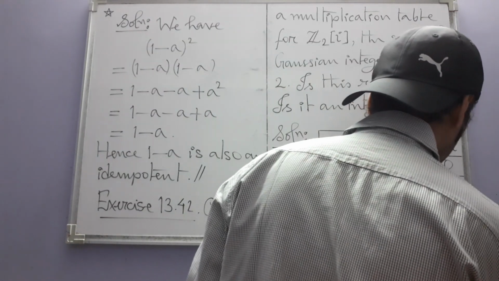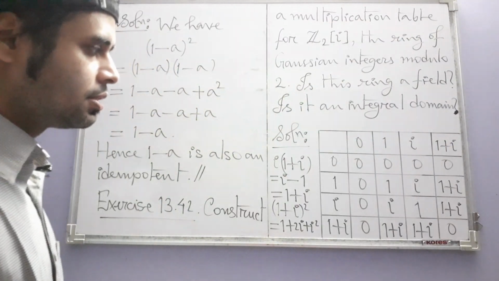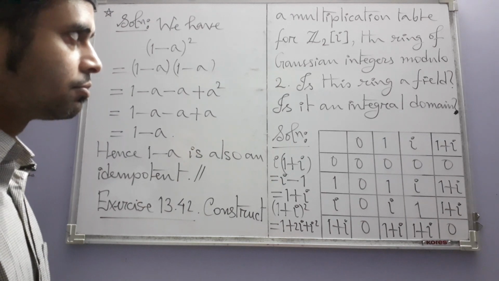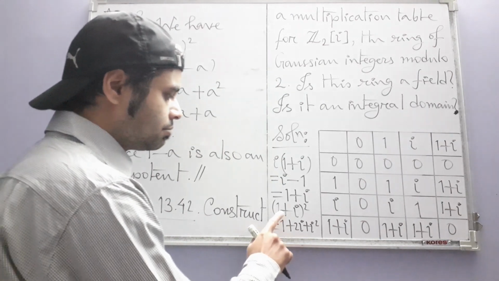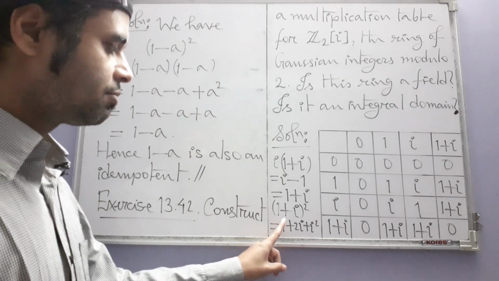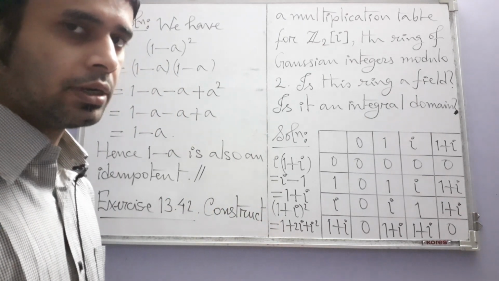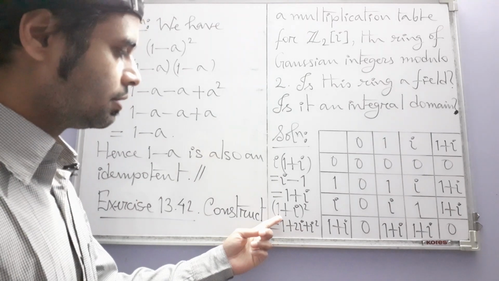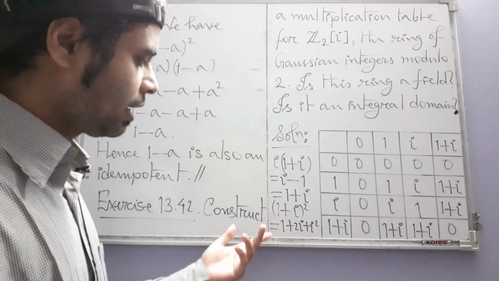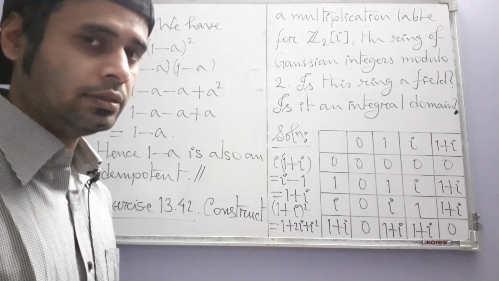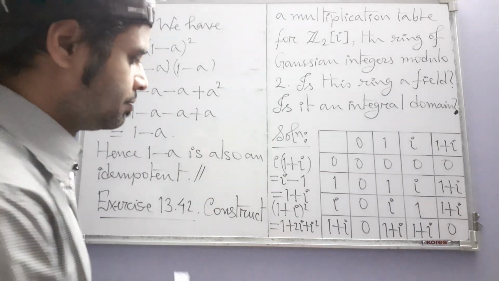So that is why this is 0. So this is the multiplication table for our ring. Now you can see that in this table we have a non-zero nilpotent element, and such a thing cannot be there in a field. In fact, it cannot be there in any integral domain.